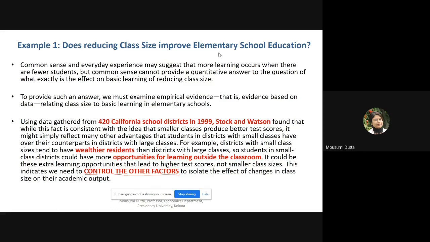However, there was one classic test considering 420 California school districts in 1999. In Stock and Watson, you will get that thing.